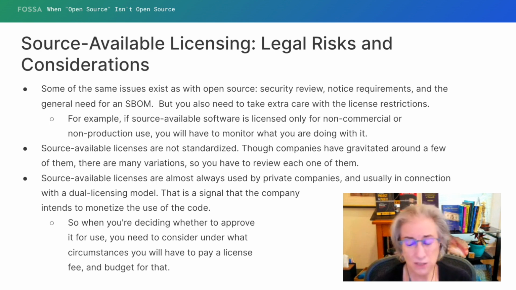It's about a lot of things plus licensing. But the main issue is that with source available licenses, you need to make sure you can comply with the license restrictions. You would not have that issue with an open source license. So, for example, if a source available license says only non-production use, you're going to have to figure out how you're going to maintain that control within your organization.